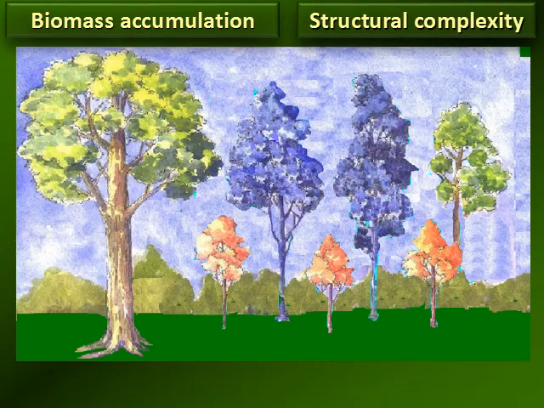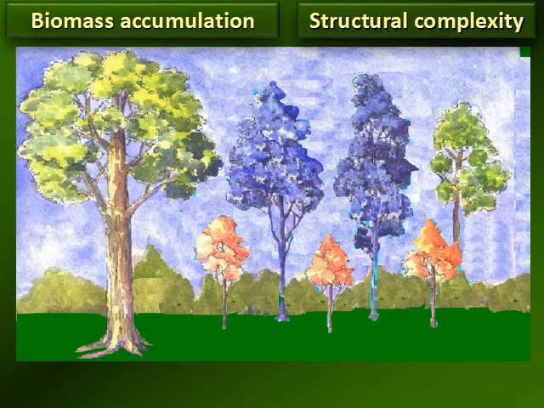Of course, as the biomass accumulates in the ecosystem, then that biomass becomes partitioned amongst more and more structures. Small trees have small stems and small branches. Bigger trees create strata within the forest ecosystem. They have bigger root systems.